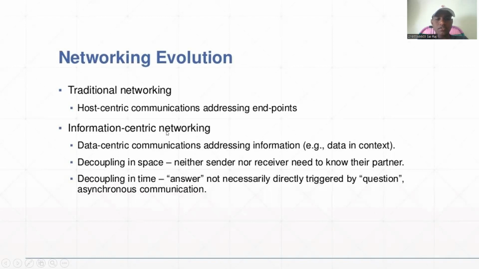Information-centric networking is data-centric, with communications addressing information, for example data or content. Decoupling in space: neither sender nor receiver needs to know their partner. Decoupling in time: an answer is not necessarily directly triggered by a question. Asynchronous communication.